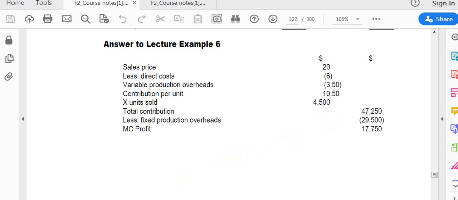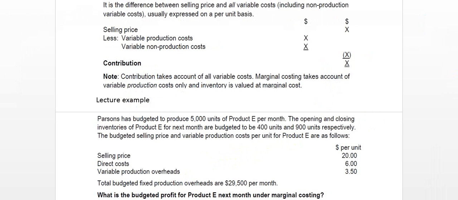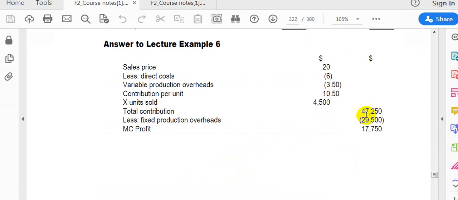That's when we take out the fixed costs, which we are given as 29,500 per month. So 47,250 minus 29,500 gives us marginal costing profit of 17,750.